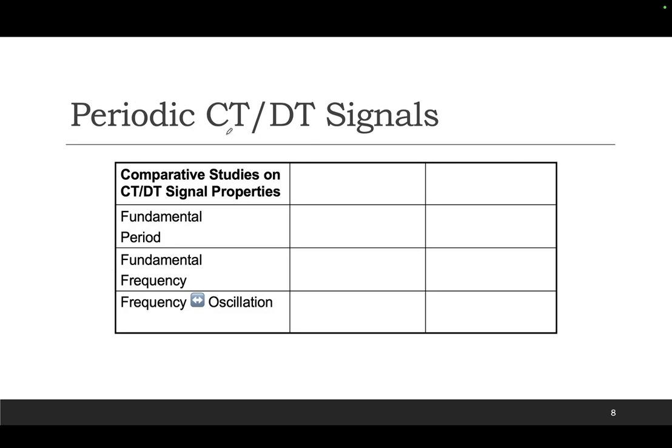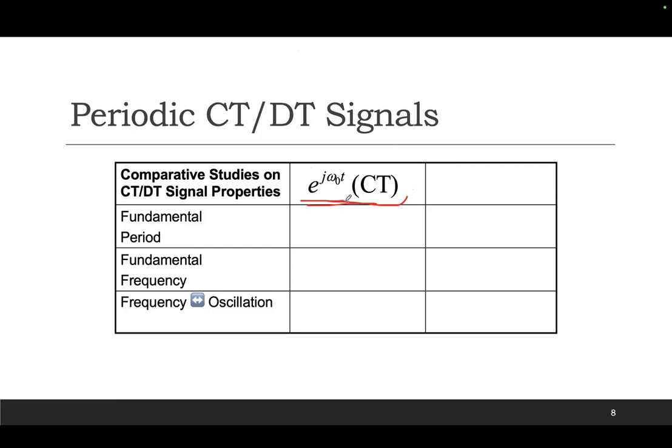And for periodic signals, there are some fundamental things you need to know. Firstly, for CT periodic signals, we can define it like this. What's the name for this one? Actually, it is the complex exponential equation. Why is it a periodic signal?